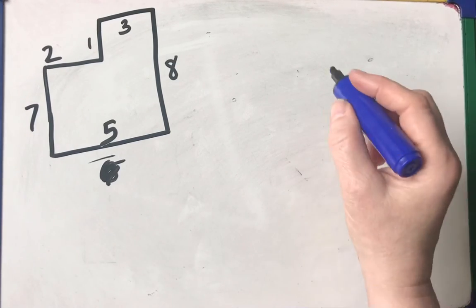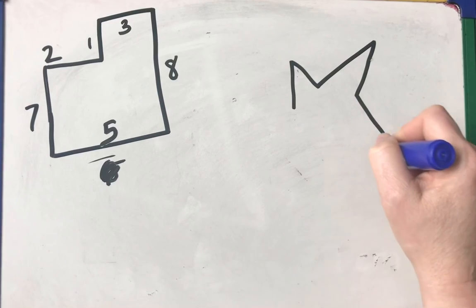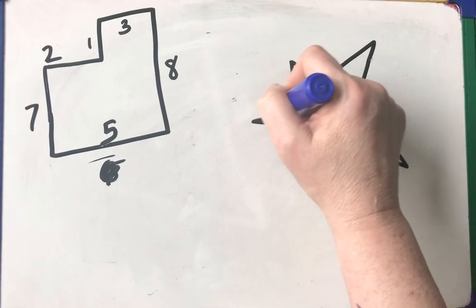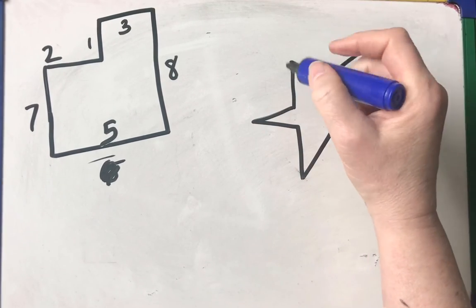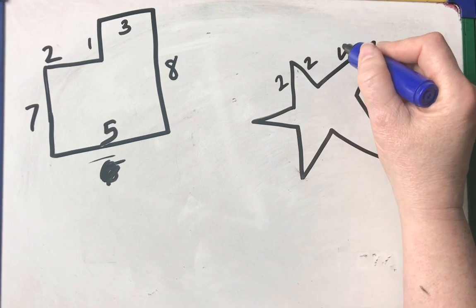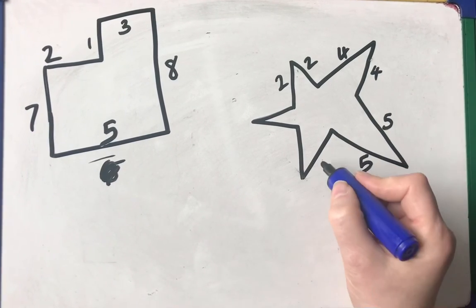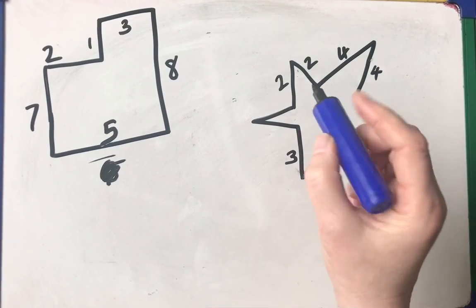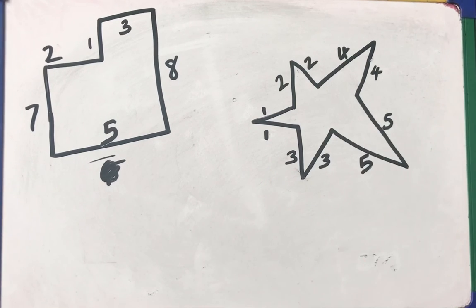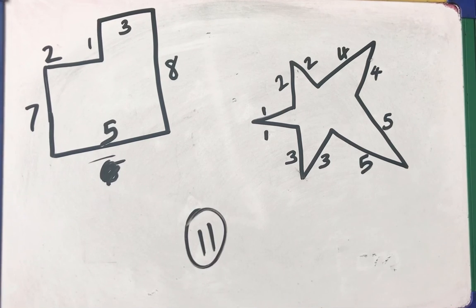There's your first one. Here's another one. Lots to do here, but we'll have small numbers. We'll have a 2, a 2, a 4, and a 4. Let's call that 5, and that 5, 3, and 3, 1, and 1. So have a go at those 2 shapes. Pause the video and see how you get on, adding up the sides to find the perimeter.